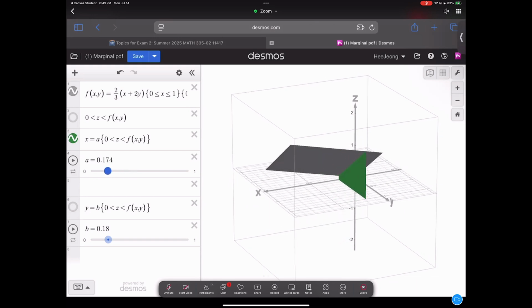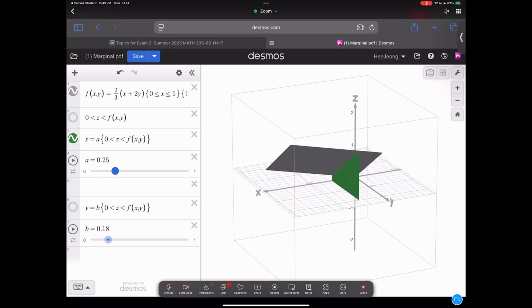Depending on your x value, you get your area under that function. That's going to be the value of the marginal PDF. Are we getting it right there? So that's what we're getting: you're integrating your joint PDF over dy, over the y values at a particular x value.